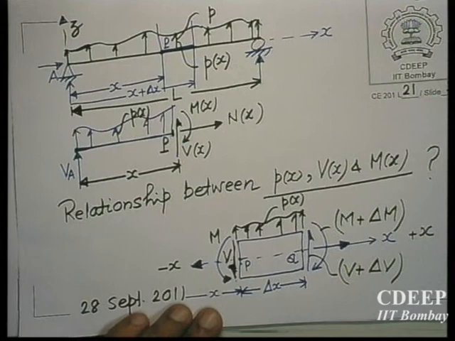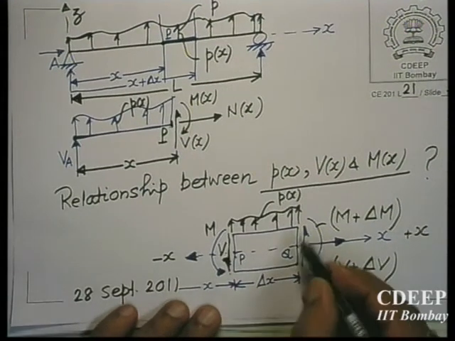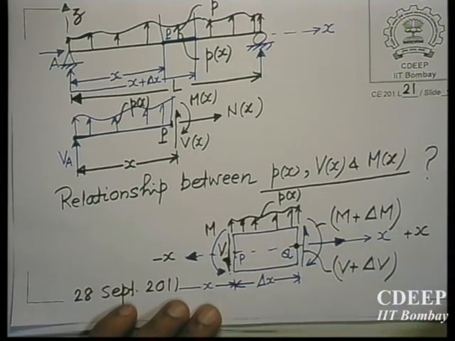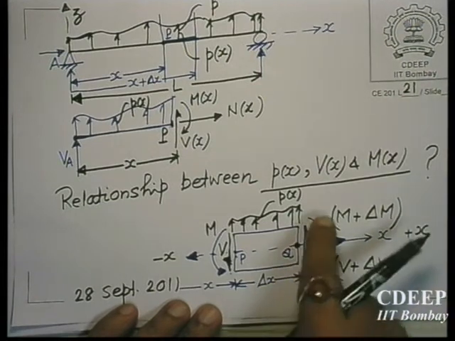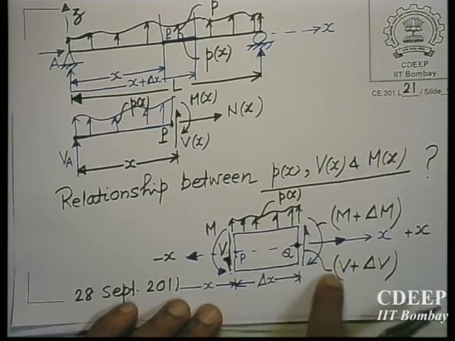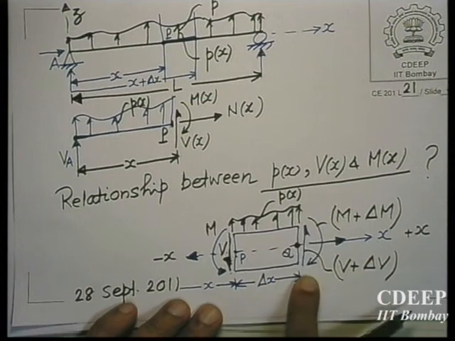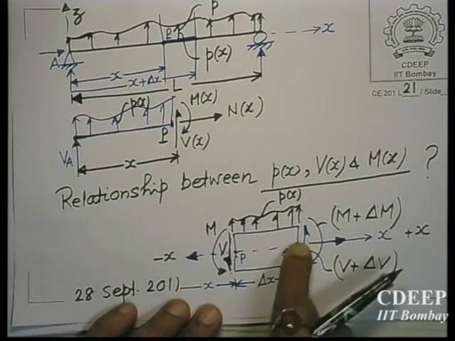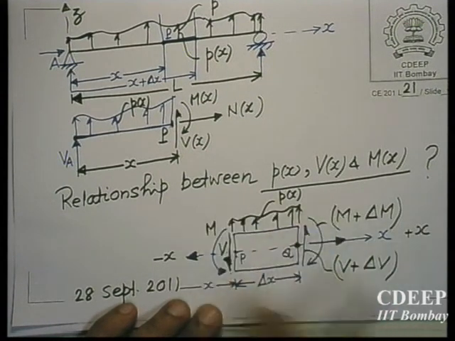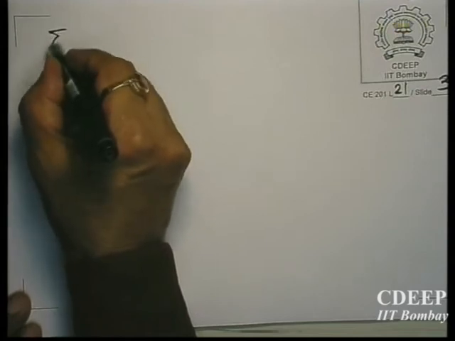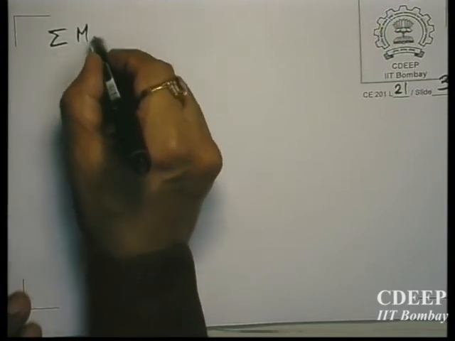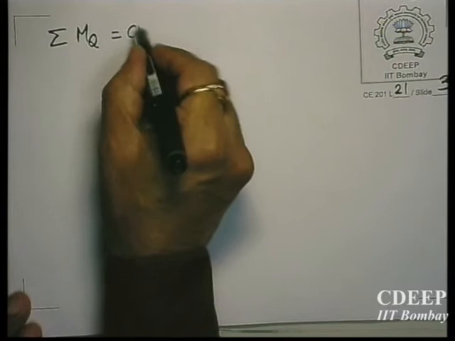Then now, which is the point about which I should take moment? I think I will take moment about point q. The reason is because the moment of this V plus dV will become 0. I am taking moment of all forces that are acting on this element about point q. So, the sum of moments about q will be 0.